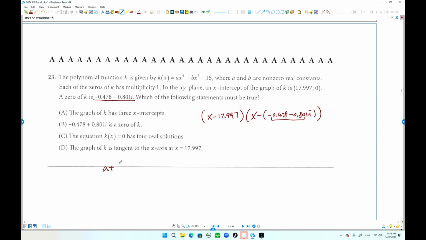If this is the root, the other one must be a minus bi, right? So the other is x minus, negative 0.478 plus 0.801i. That's a complex root. That is degree 1. The other one we don't know. This is what we don't know. I'm going to use p.